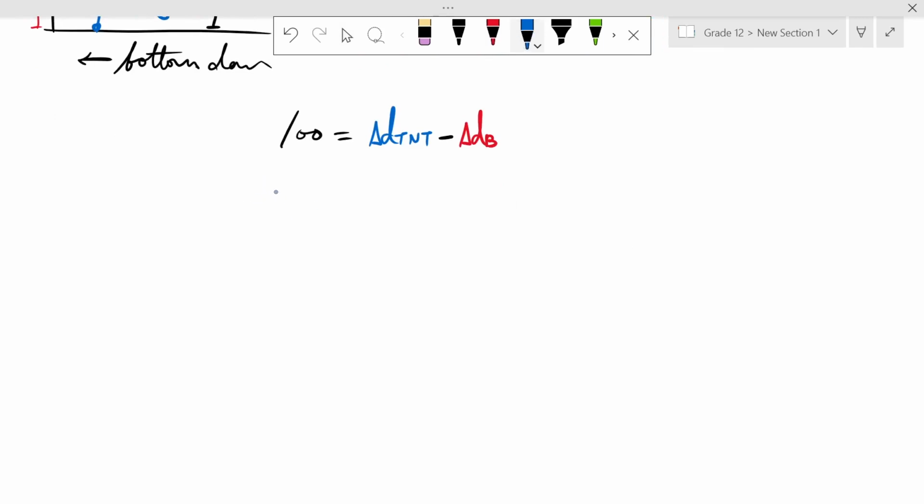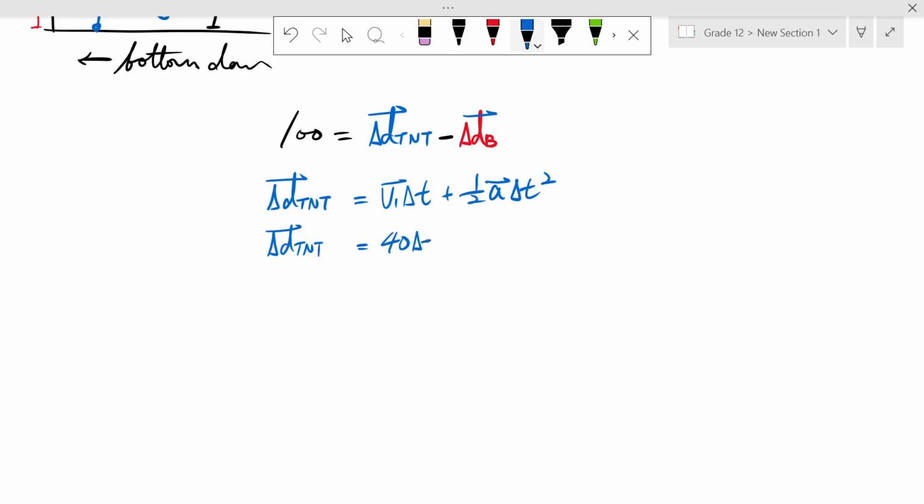I'll continue my blue representing TNT down to d TNT. I'll put the vector symbols there anyways. It will equal v1 delta t plus half a t squared. That will give me delta t TNT by subbing some numbers: 40 delta t minus 1/2 of 9.81.